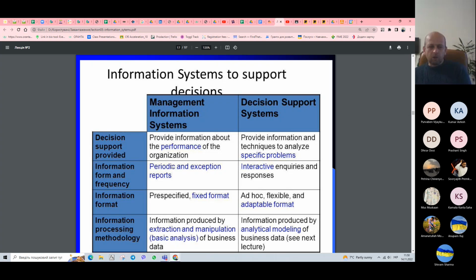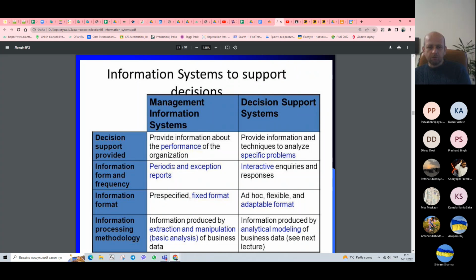For example, a management information system provides information about the performance of the organization, periodic and exception reports, in a specified fixed format, with information produced by extraction and manipulation, and basic analysis of business data.